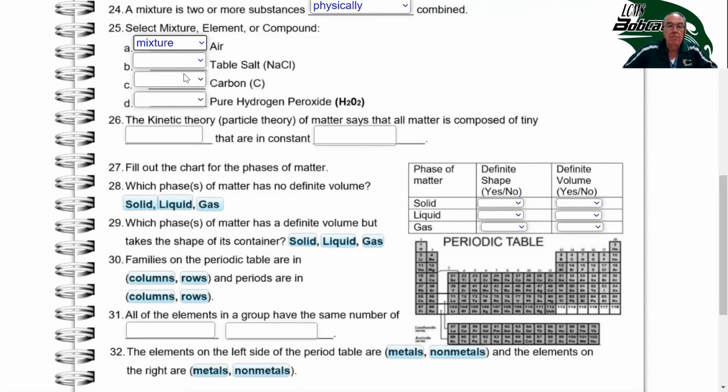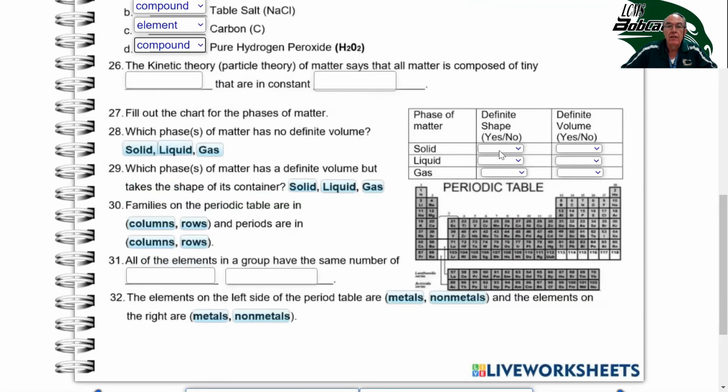So air has to be a mixture. NaCl, table salt, has a formula, so that's how we know it has to be a compound. Carbon has an element symbol, so it's an element, and then pure hydrogen peroxide, H2O2, also has a formula, so it's a compound.